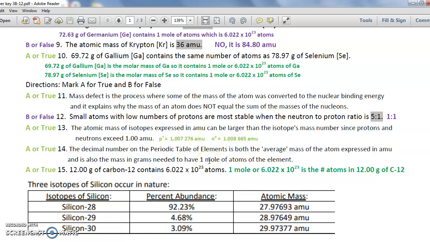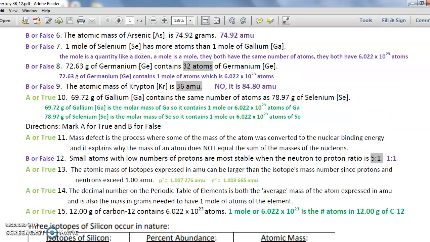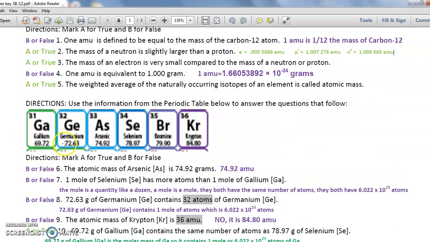Number 14, the decimal number on the periodic table of elements is the average mass of the atom expressed in AMUs, and it is also the mass in grams needed to have 1 mole. Yes, it is. That's what a lot of the questions were about. This number right here, the decimal number in that box, has 2 meanings. It is the average mass of the naturally occurring isotopes in AMUs.